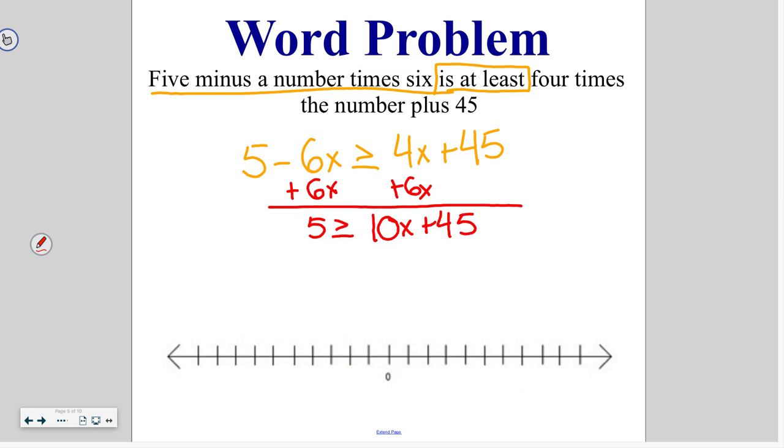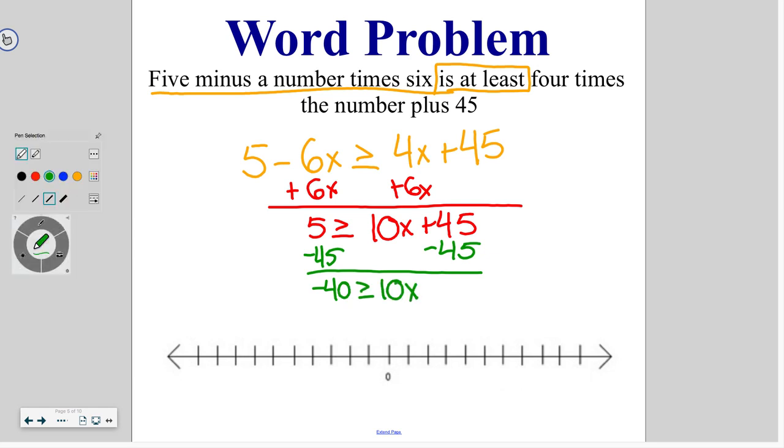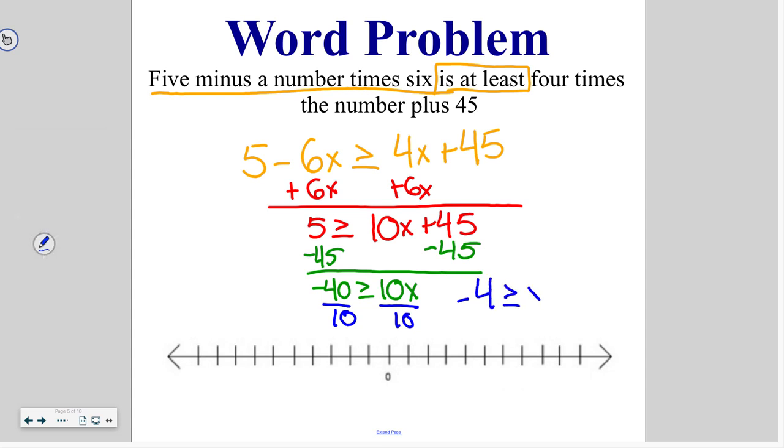I'm going to subtract 45 to get the x by itself on its own side. So I've got -40 is greater than or equal to 10x. Dividing by 10 on both sides, I've got -4 is greater than or equal to x.